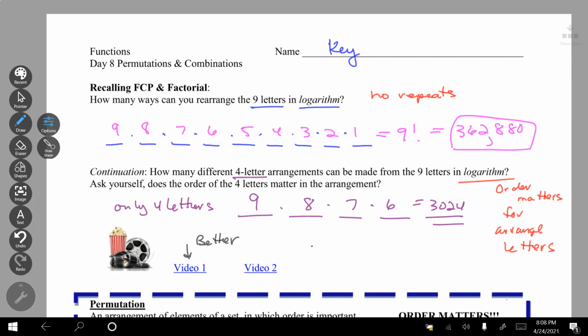It will explain the 2 things we're going to talk about today: the differences between permutation and combination. It's not even a 2-minute video, and that's going to be important for what we're going to do today.